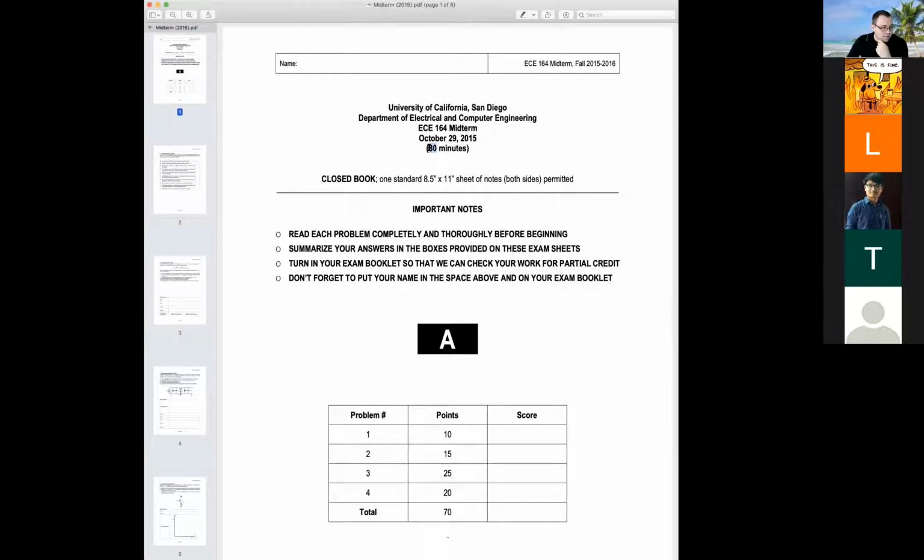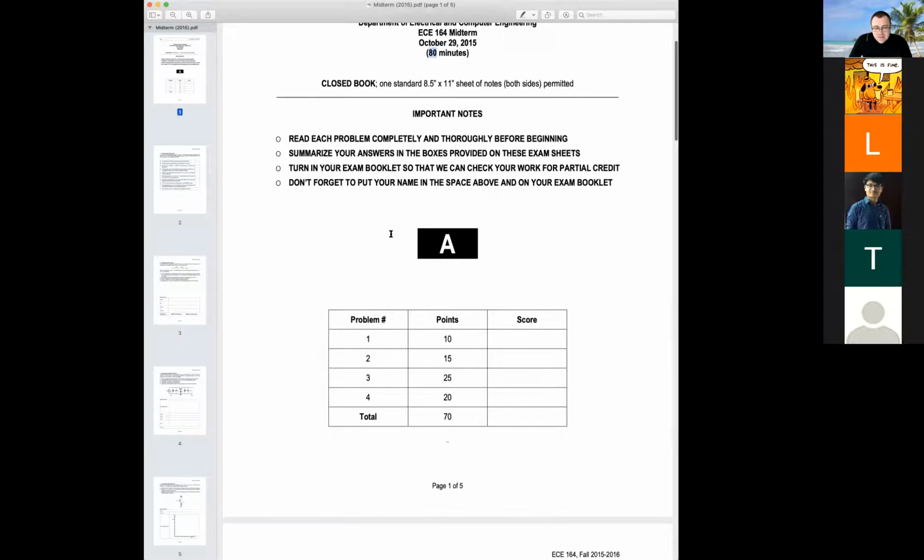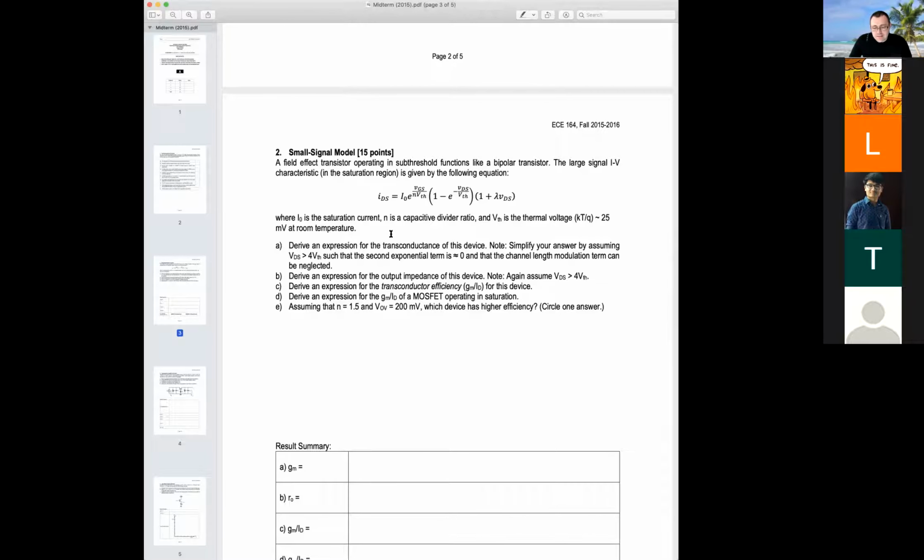So, against my best judgment, I get asked every year to post the solutions. I really think that it is in your best interest to go through the exam and try it yourself without the solutions present. This tells you where you have gaps in understanding and need to focus your efforts. Whereas if you just look at the problem, spend 2 seconds on it, and then go right to the solution, oftentimes what I hear students say is, oh yeah, that was easy. I know how to do that.